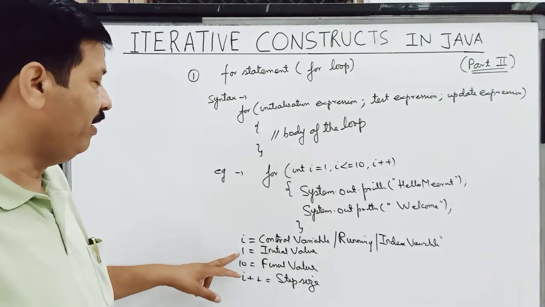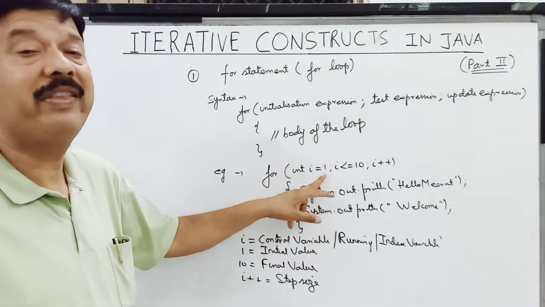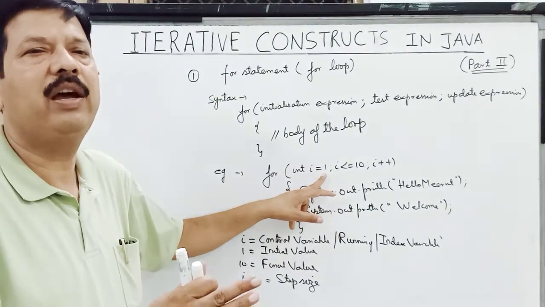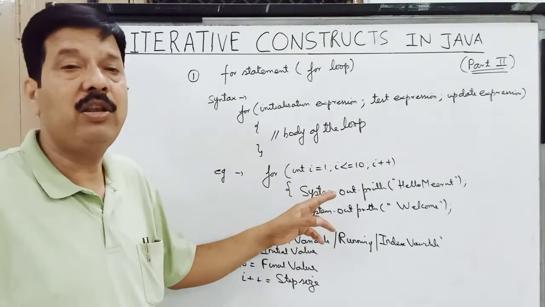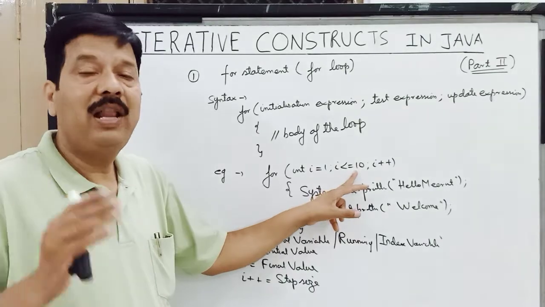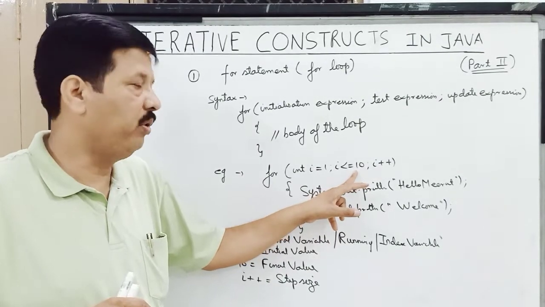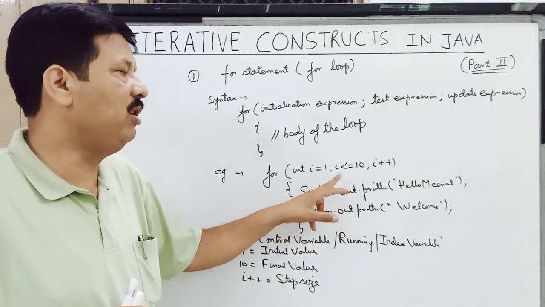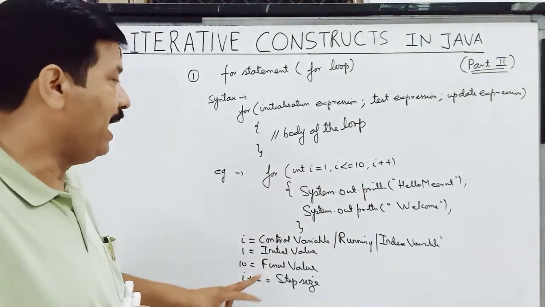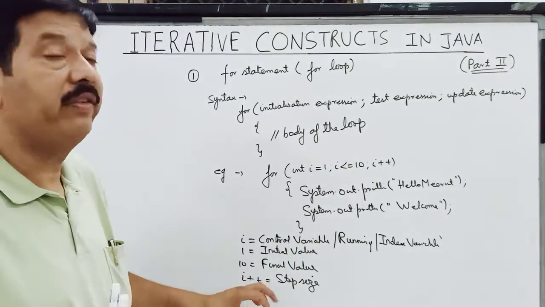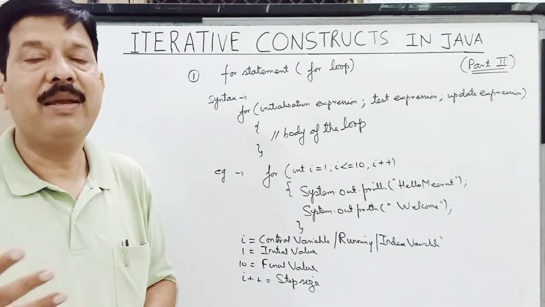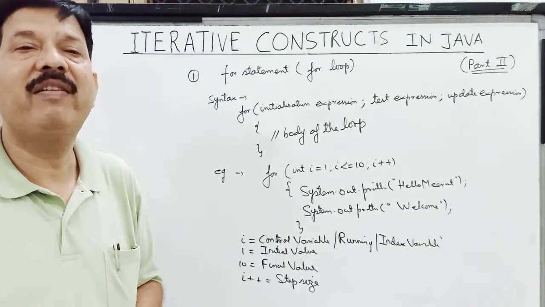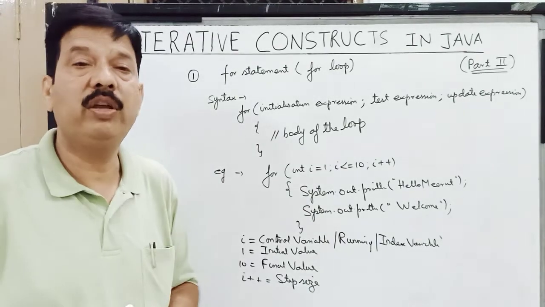Then children, this value 1 is the initial value from where the loop is going to start, and 10 is the final value till which the loop is going to be executed. So 1 is the initial value, 10 is the final value, and I plus plus, which I have written over here, is the step size. The step size is the value through which the control variable is going to increase.